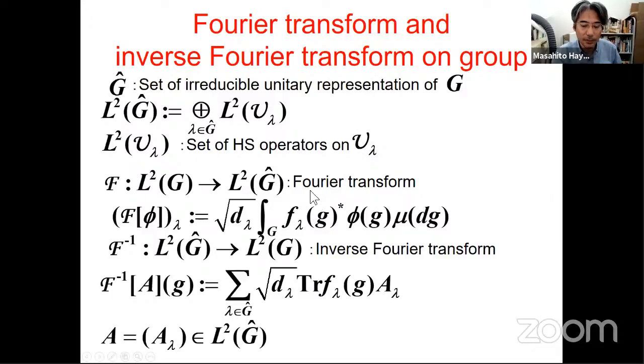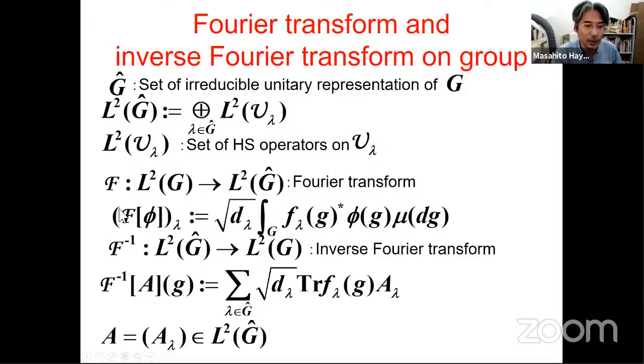So this is a unitary matrix, a unitary operator, and this is a complex number. And we take the average with respect to the uniform Haar measure over the group element g, and we take lambda, because this one is a direct sum. Then, in order to define the image of this one, we need to identify each matrix on each irreducible space.